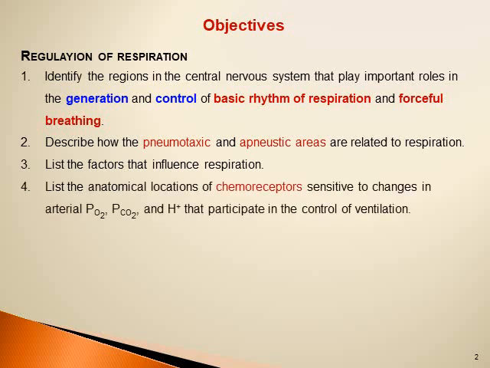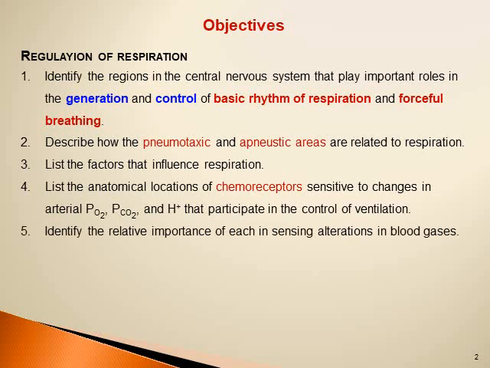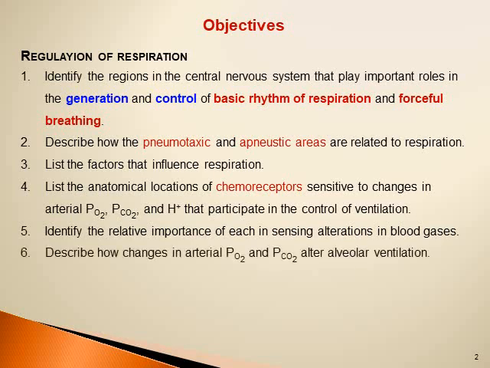List the anatomical locations of chemoreceptors that are sensitive to changes in arterial partial pressure of oxygen, arterial partial pressure of carbon dioxide, and hydrogen that participate in the control of ventilation, and identify the relative importance of each in sensing alterations in blood gases, and also to describe how changes in arterial partial pressure of oxygen and partial pressure of carbon dioxide alter alveolar ventilation.